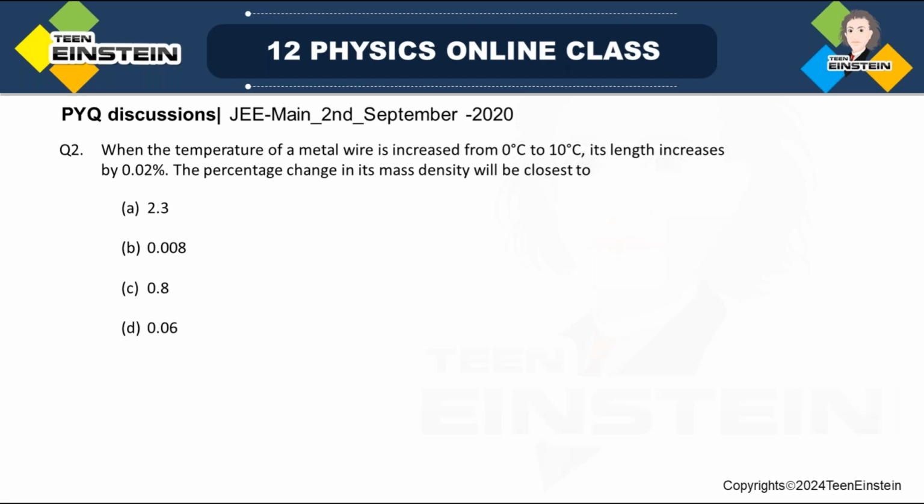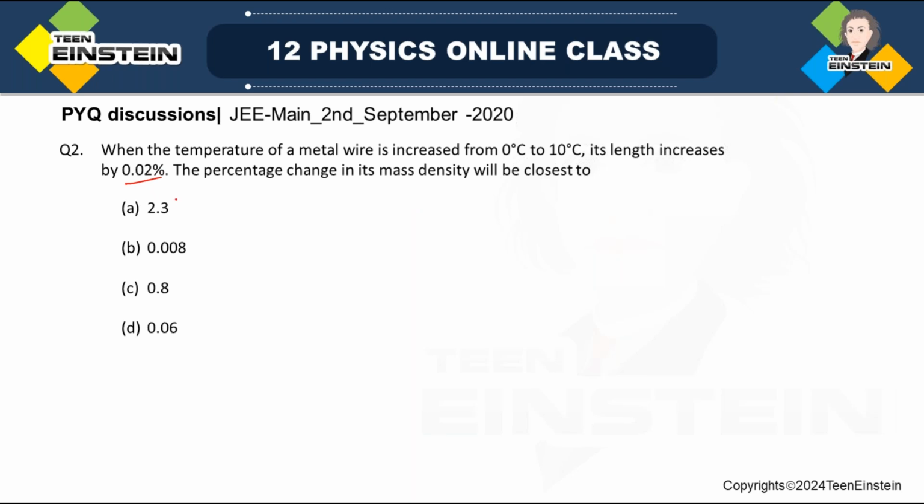So this problem says, when the temperature of a metal wire is increased from 0 to 10 degrees centigrade, its length increases by 0.02 percent.